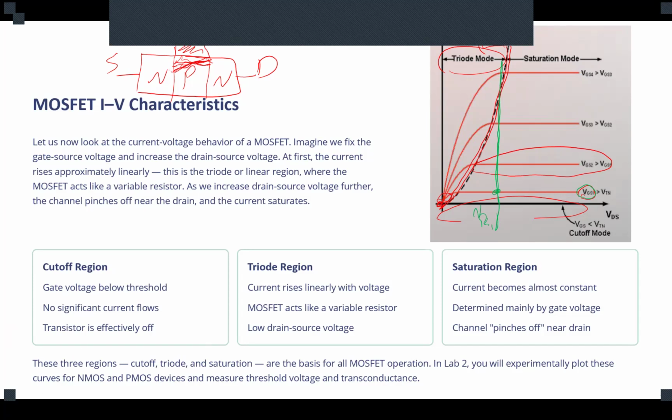If we apply a higher voltage between gate and source, VGS2, now we have more current. The VDS is constant, but the current increased. Why? Now it again comes back to what we discussed here. What happens if you apply more voltage between gate and source to that channel?